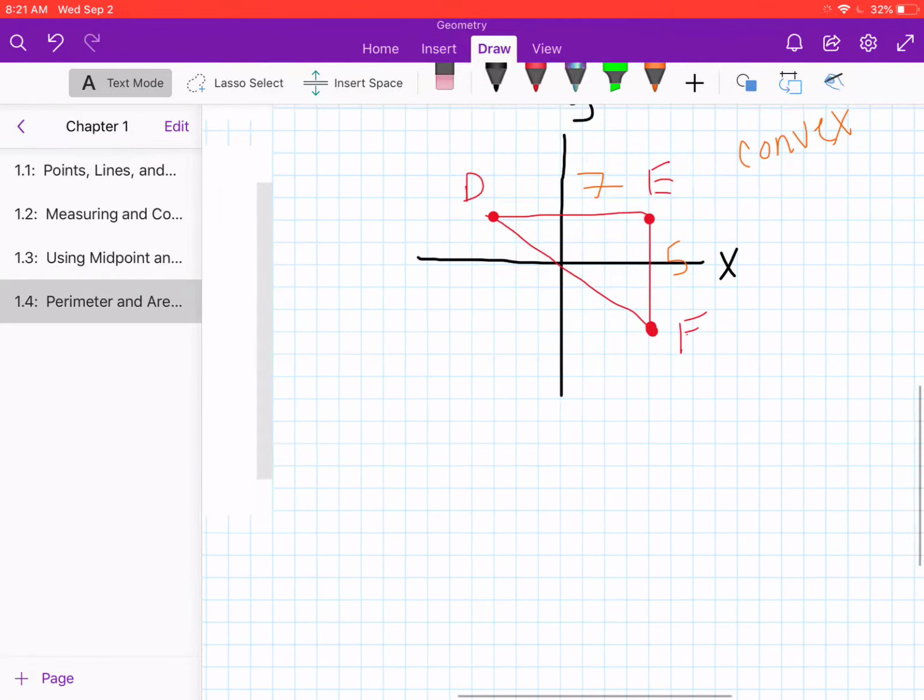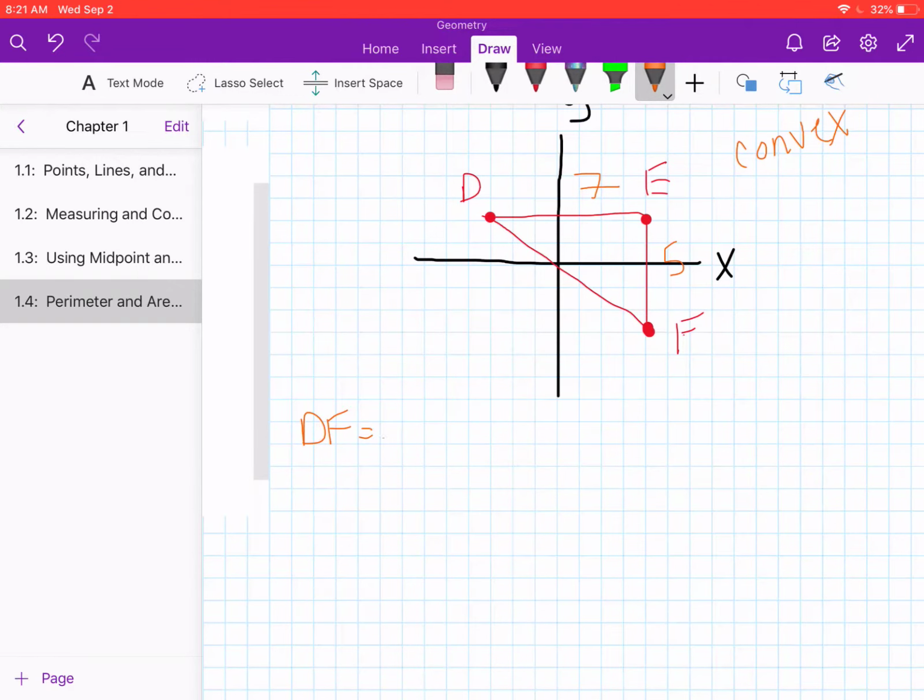So DF equals big square root. So remember, it doesn't matter which order you do the x's and y's in, as long as you just do them both. So I'm going to have D be x2, or point 2, and F be point 1.